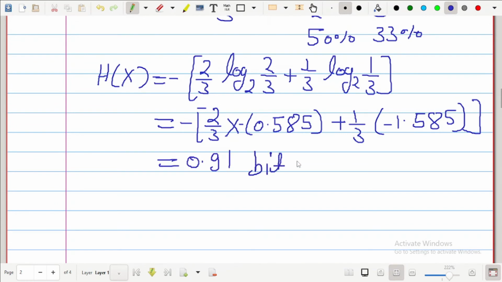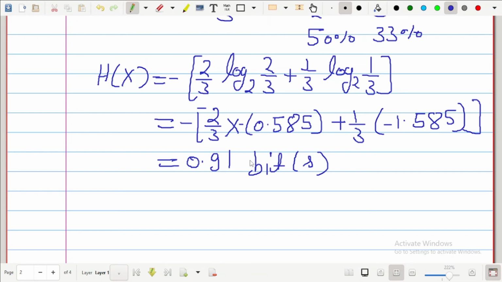It is measured in bits. So you can see that I have decreased uncertainty, that means I am making the probability of getting head more, from 50% to 66%.